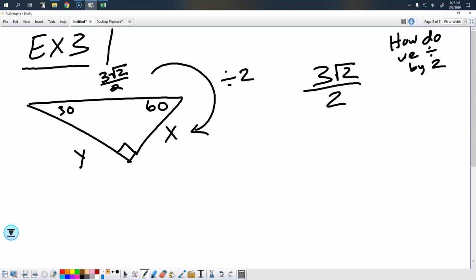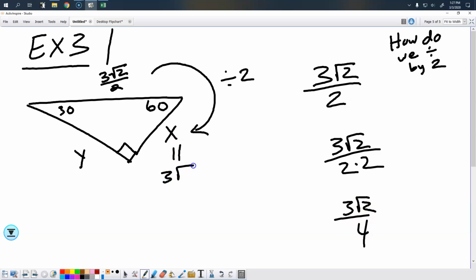Just take what you have and put another 2 in the bottom. That's dividing by 2. Okay? Makes life a lot easier than doing any kind of weird mathematical acrobatics. So the answer would be 3 square root of 2 over 4. That's it. So we have 3 square root of 2 over 4.